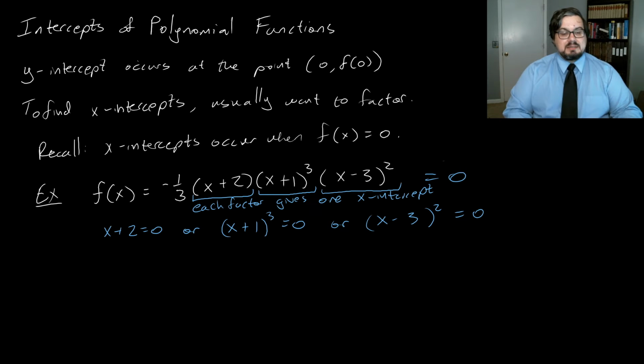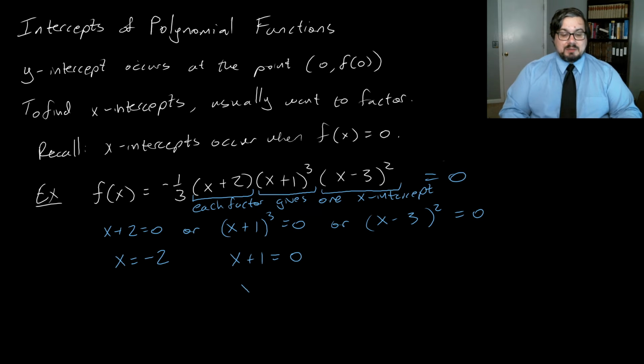And so let's see how that goes. If x plus 2 equals 0, then we can solve this for x and say that x has to equal -2. Now if (x plus 1) cubed equals 0, then x plus 1 has to equal 0, because the only number whose cube is 0 is 0 itself.